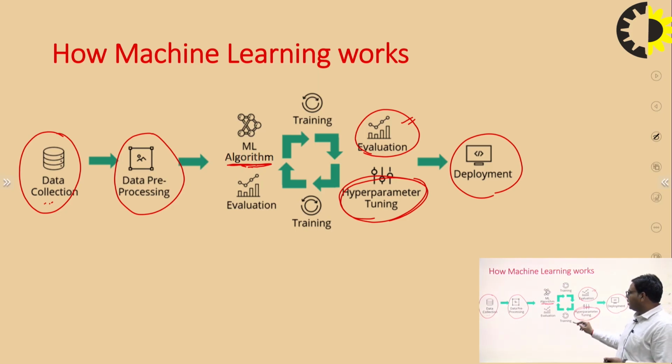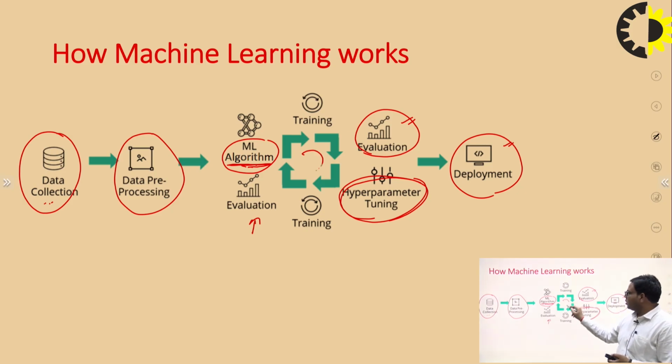After that, again we train our learning model on the same algorithm, and again we get the evaluation. If that evaluation is now satisfactory, we can keep that model and go for the deployment. Still, if the results are not satisfactory, we can go with any other algorithm, because there are several algorithms or classifiers available in machine learning for a single problem. So we can choose another and try in the same way again and again.